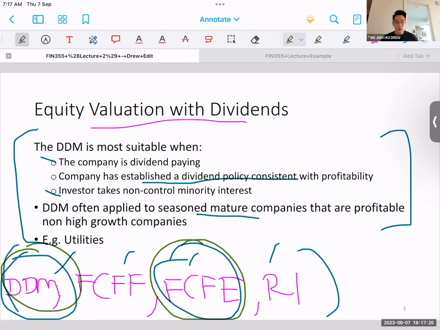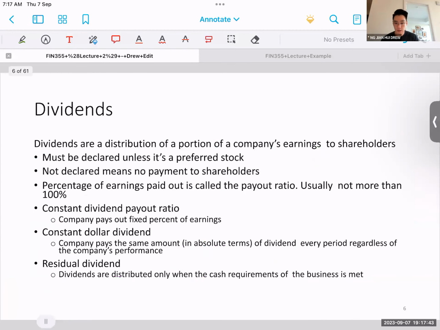Right? So all these factors are important, and they help you substantiate, when you write your valuation report, why you choose this valuation method. Right? Any questions at this point of time? Okay, nothing so far. Very good. I guess it's clear.